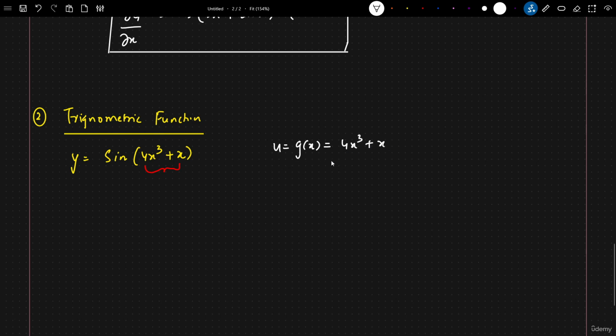This is what is my u, right? Which I'm mentioning as g of x, right? I will also create one more function f of x. I will take this sine and I will take this u value over here, right? This is what it is, right? So if you also see, this format can be later replaced as y is equal to f of g of x, right? Like this only it is.